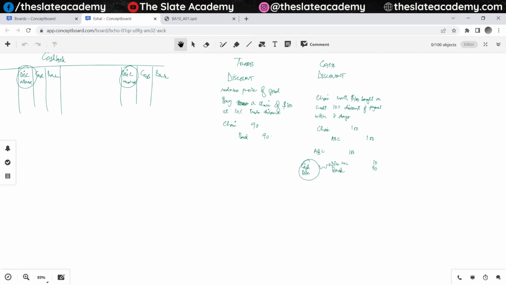What if we were the ones selling this chair? Sorry, buying this. If we have bought a chair, that's when we received the discounts. Now we are selling the chair. Selling a chair worth $100 at 10% discount.